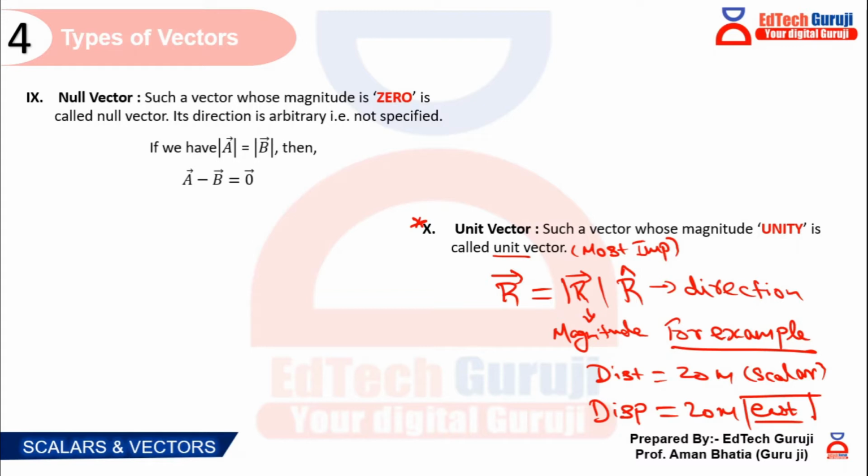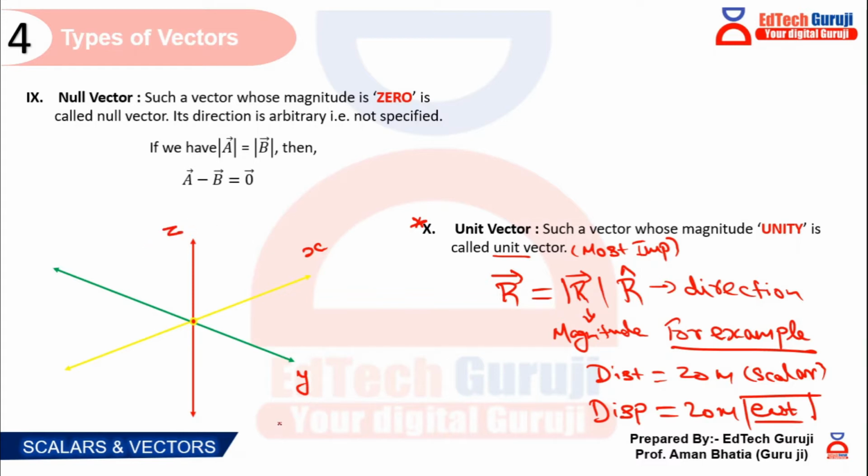Now let us see the convention. The convention is, if I have an origin here, and let us say this is my x-axis, this is my y-axis, and here is my z-axis.